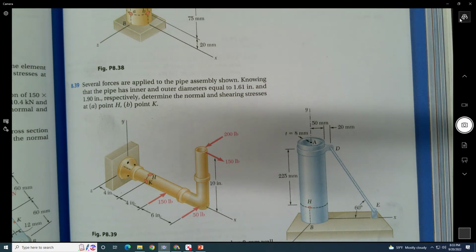Then we have a force coming in the X direction of 150. And in the Z direction, I think it looks right, 200, is that 200? Yep. And then get some dimensions on there. 4 inches, 6 inches.